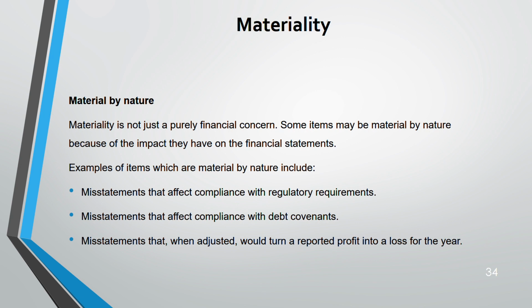If you are not complying with the regulatory rules, it could mean you will have to pay a penalty or something. So it's material by nature. Because if you're misstating, you are showing that you're complying with the regulatory requirement. It's a misstatement, and if you correct the misstatement, that means you're breaching the regulatory laws. The rules and regulations are material.